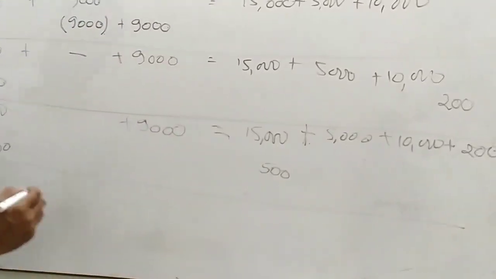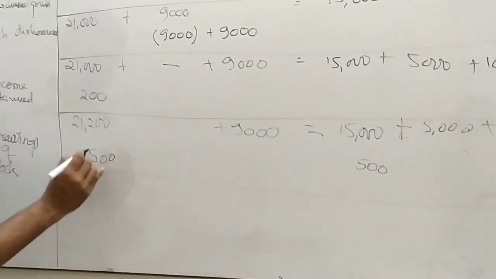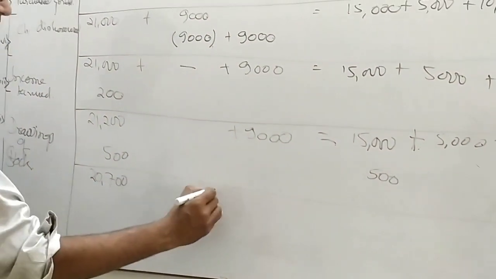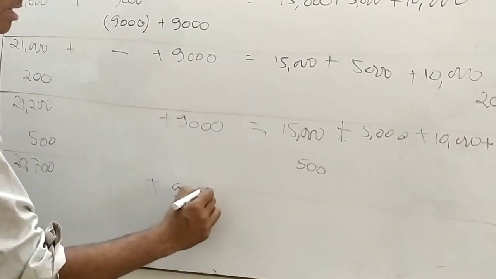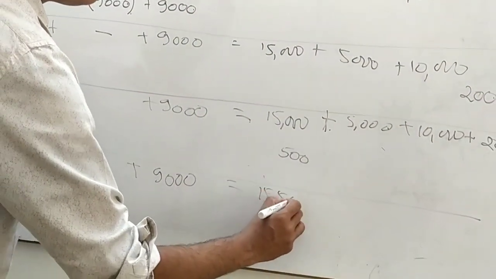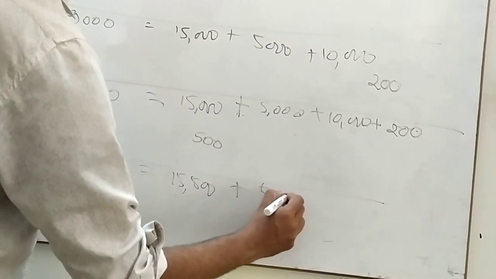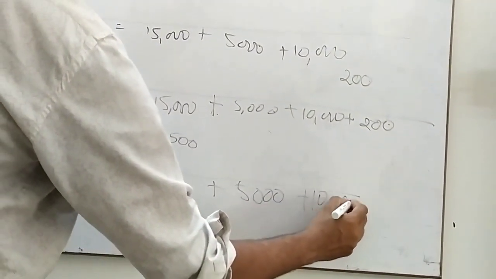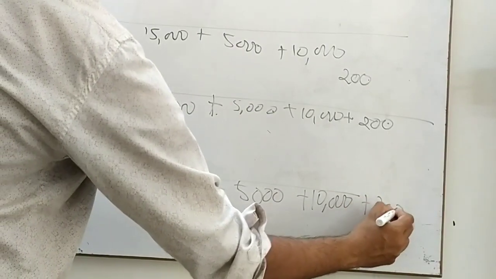Again the accounting equation remains the same, students. The 21,200 will become 20,700 and this is 9,000. This is 15,500. This 5,000 of cash remains. Furniture 10,000 remains and 200 accrued income remains.